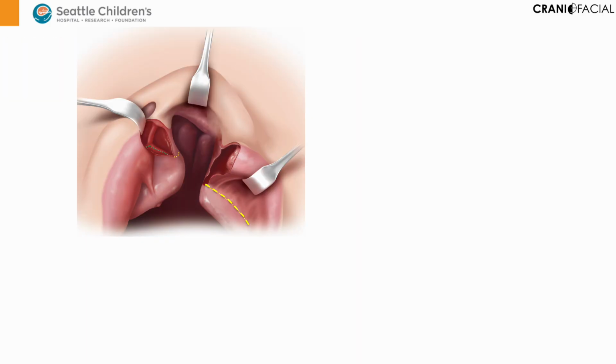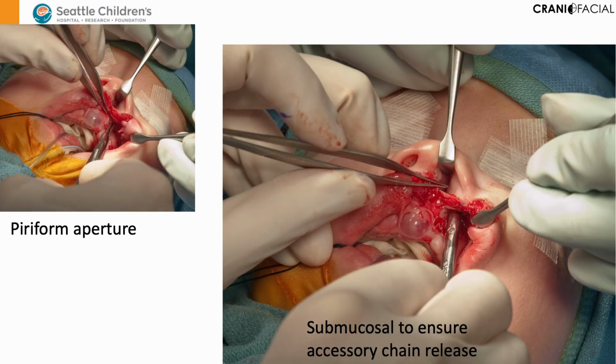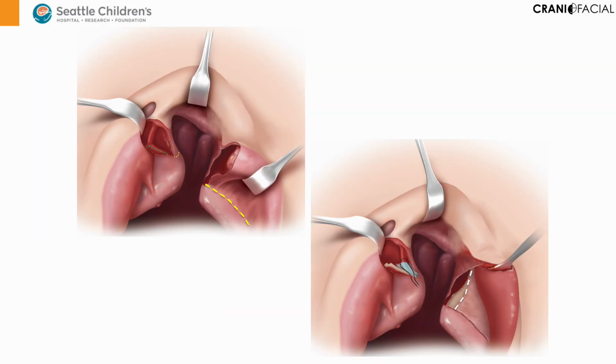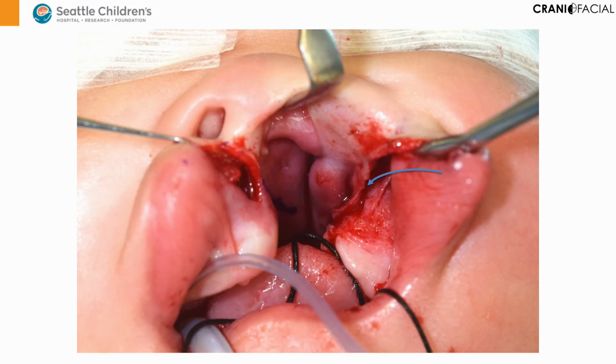I do a primary caudal septal repositioning, a release of the upper buccal sulcus if needed, dissection along the piriform aperture if it's needed, and then if we need to, a transition in the plane from supraperiosteal to subperiosteal to enter the lateral nasal wall.